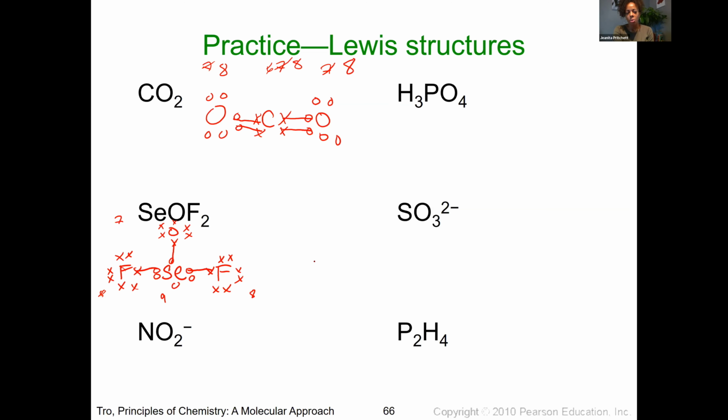Some of you guys may say, well, what about making a bond, right? Rather than giving it to oxygen, since I know selenium can have more than 8, what about we make a double bond between them? So I'm going to redraw this just so we can explore both of those options. Okay, so I'm going to try to draw it similar to how it's already drawn out for us so we can compare.